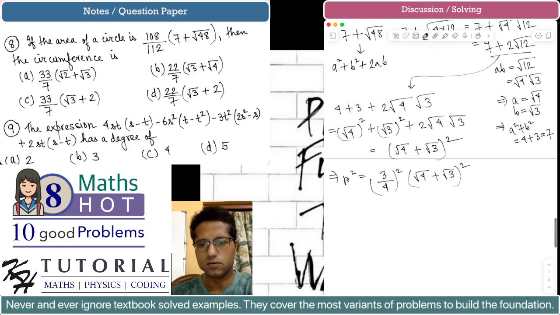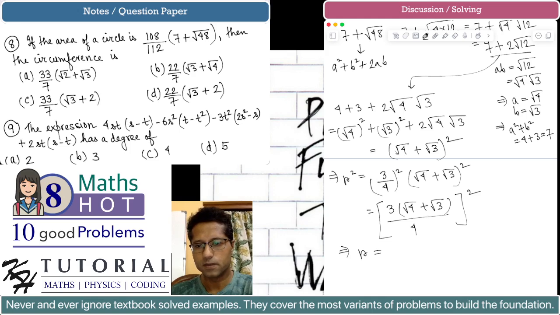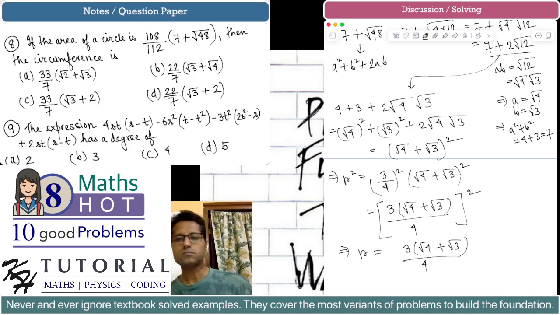This is equal to 3 into square root of 4 plus square root of 3, divided by 4, whole square. Now we can say that r must be equal to 3 into square root of 4 plus square root of 3, divided by 4.